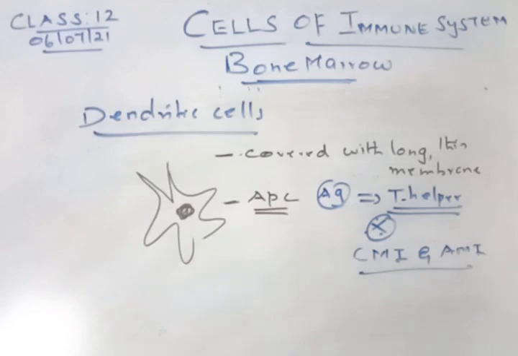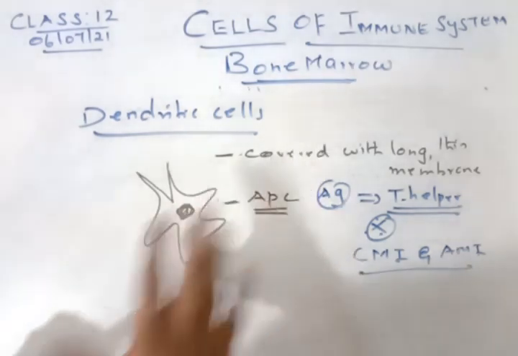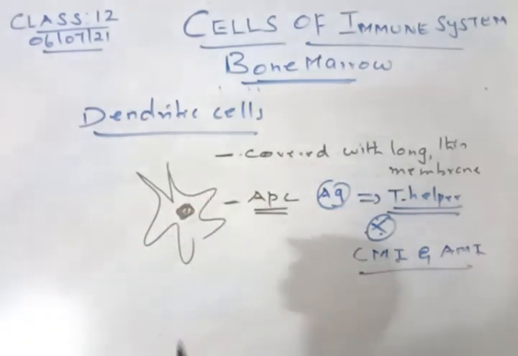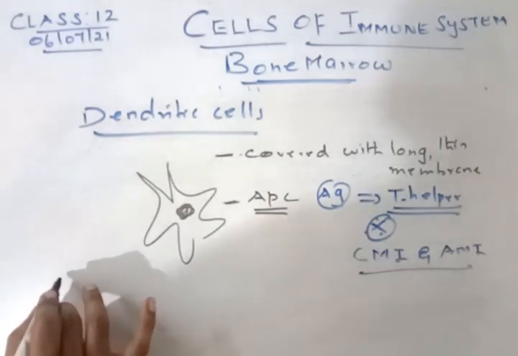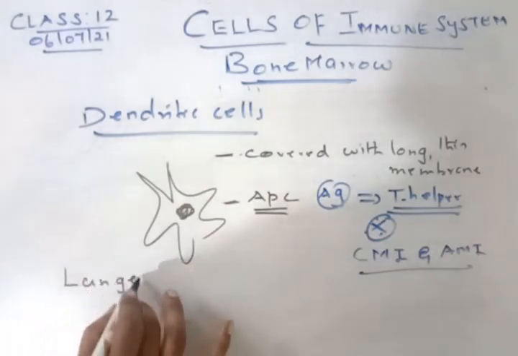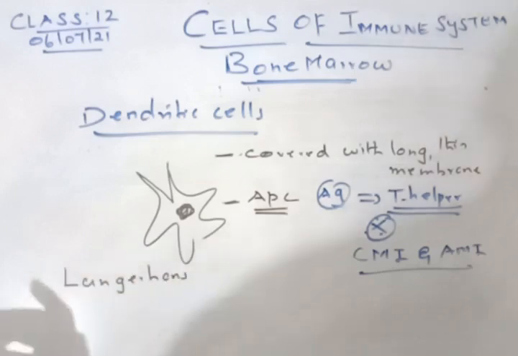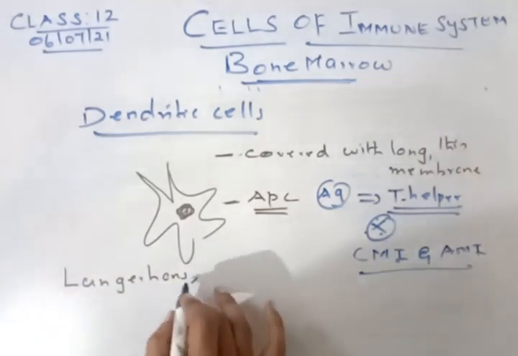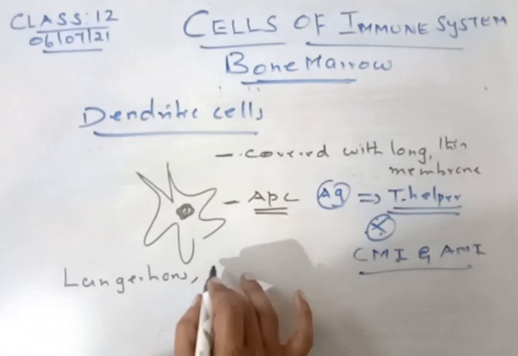And dendritic cells are present in 4 different areas. The one is called the Langerhans, islets of Langerhans. The second one is the interstitial cells.